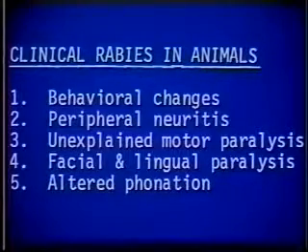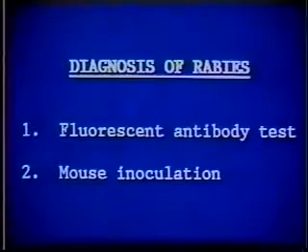There is a peripheral neuritis, an itching, a pain at the local area, and then a paralysis, as we've suggested, of the motor nerves, and then in some particular animals, such as cattle, the altered phonation, in other words, the change in the voice, is a rather characteristic aspect of clinical rabies.